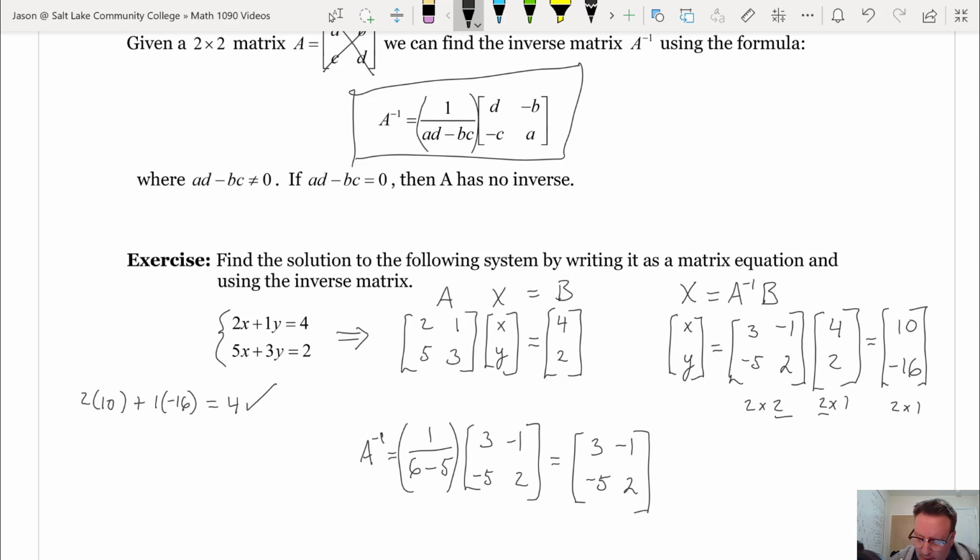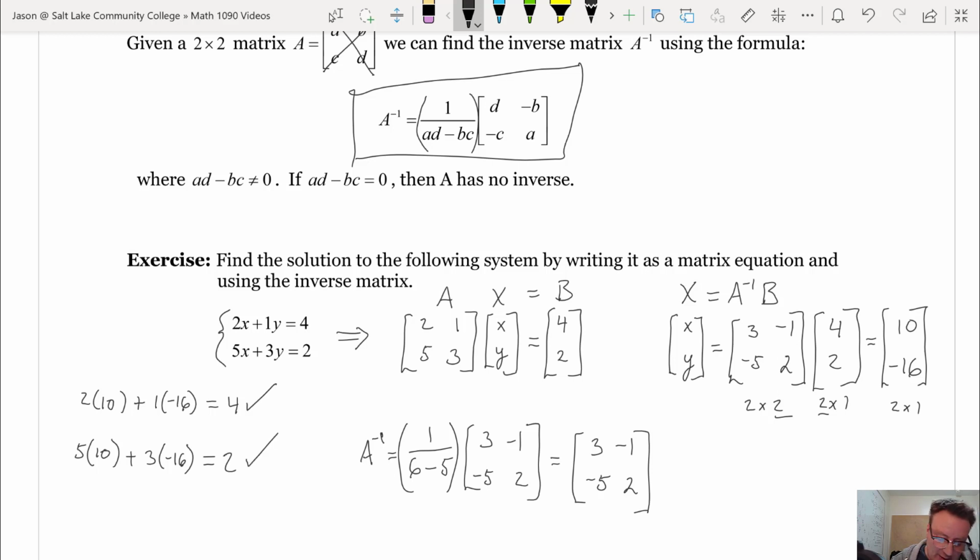That checks out. Let's plug in those values into the second equation. We're going to get 5 times 10 plus 3 times negative 16. Let's see, 5 times 10 is 50. 3 times 16, that's going to be 48, so negative 48. 50 minus 48 is 2.